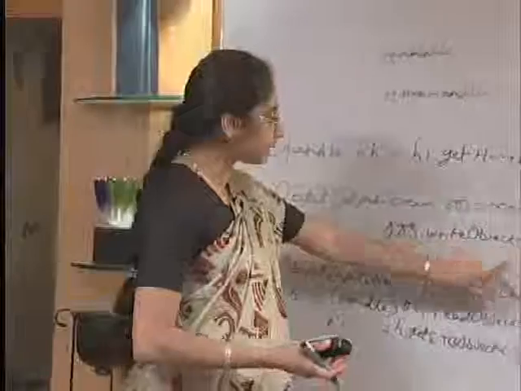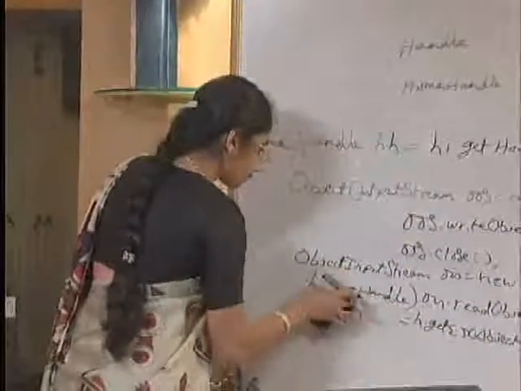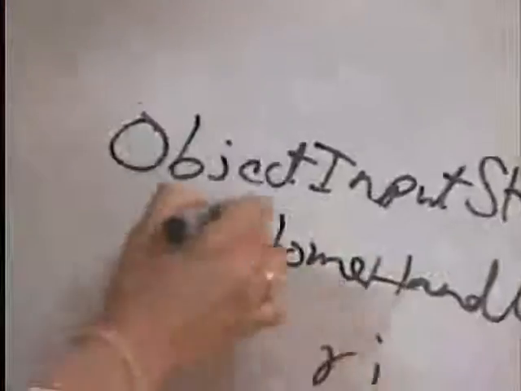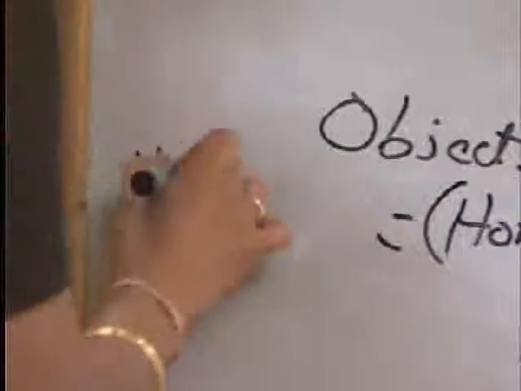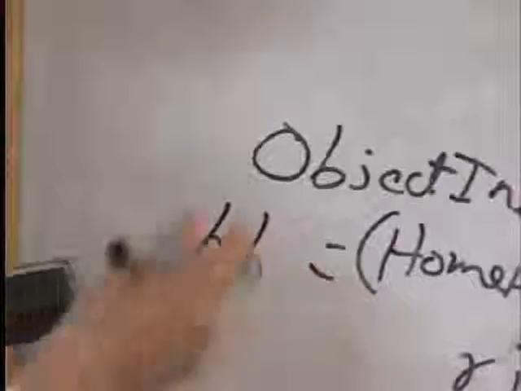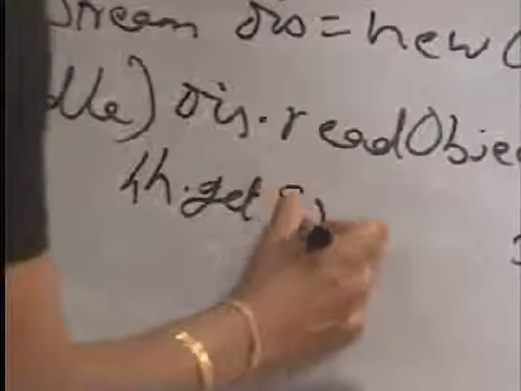Once you have serialized it and you want to retrieve it back, of course you need to downcast it to a HomeHandle type, and using the home handle object, call getEJBHome.